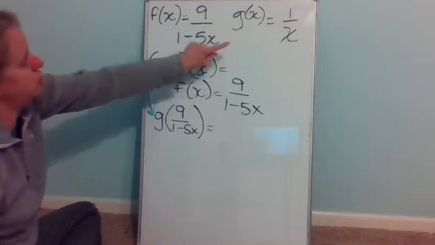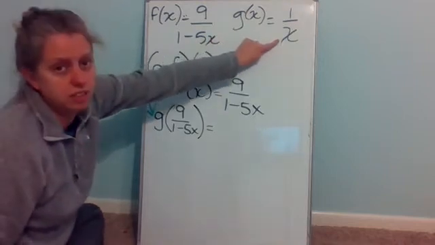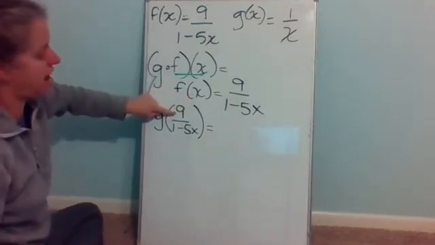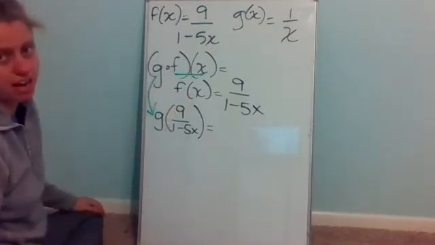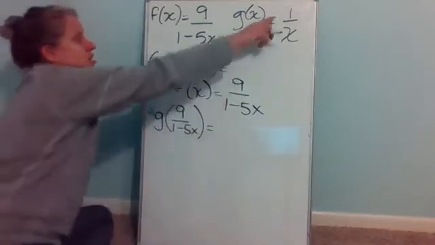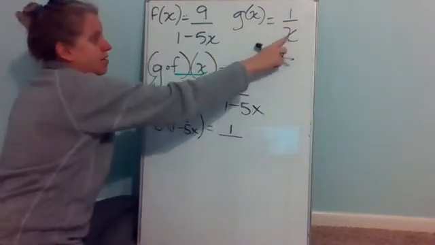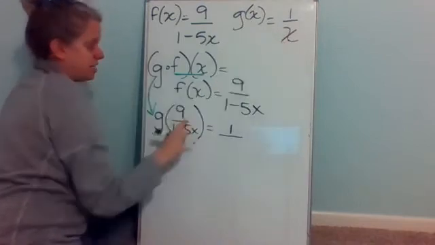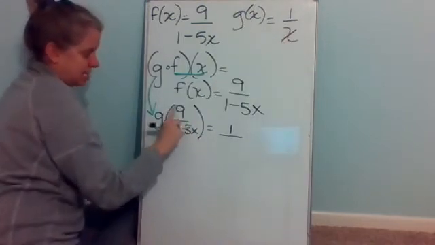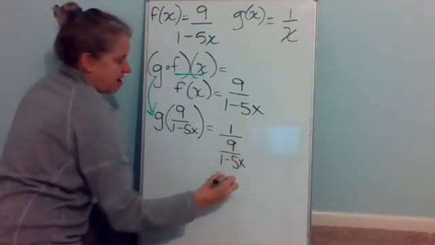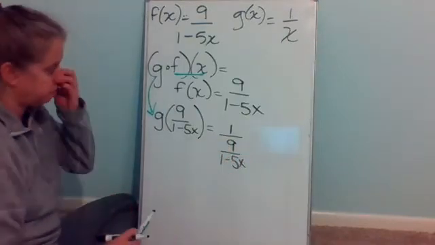Which means go to your g function, and wherever you see this x, you're going to replace it with 9 over 1 minus 5x. So when I write the g, I'll have 1 over, instead of x, write what you're going to replace it with, which is what is in this parentheses. So 9 over 1 minus 5x.